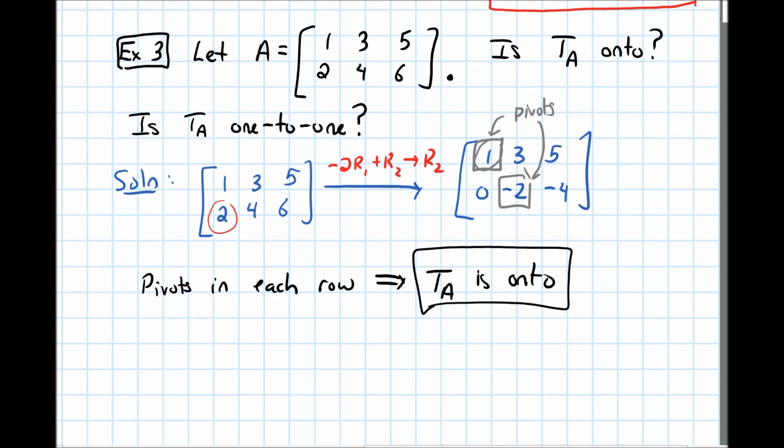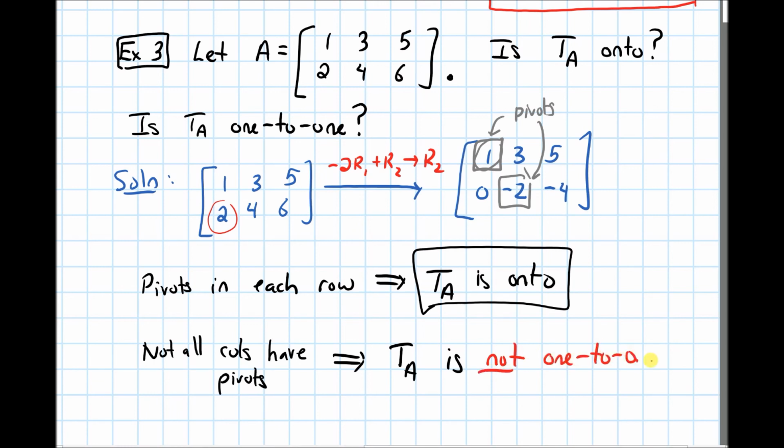So not all columns have pivots. If not all the columns have pivots, that means our matrix or our transformation is not one-to-one. It's not going to be one-to-one. And that is our answer.